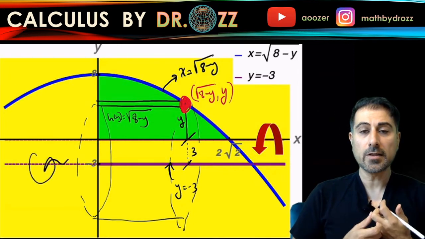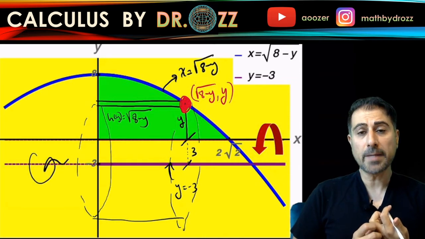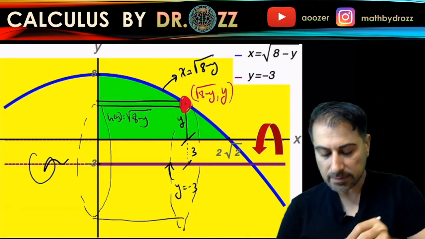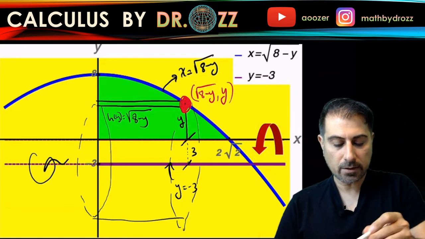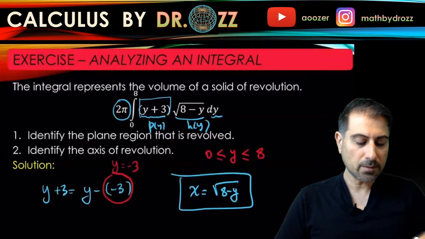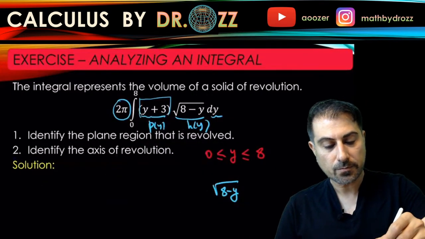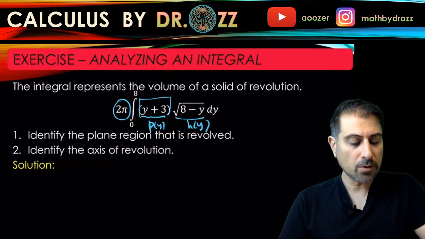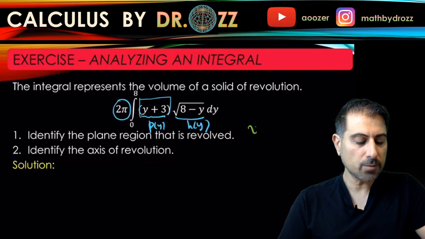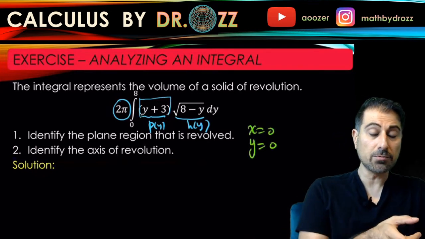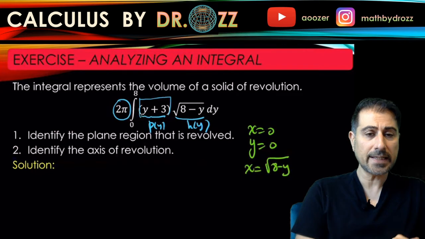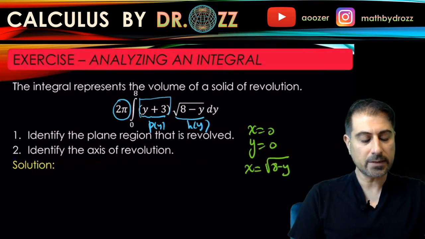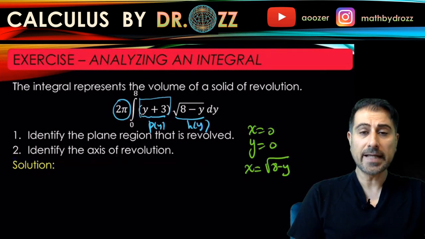So the plane region is the green region bounded by the blue curve, the x-axis and the y-axis. I can go back and clean this up and say the plane region is the region bounded by x equals 0, y equals 0, and x equals 8 minus y. X equals 0 means the y-axis, y equals 0 means the x-axis, and the blue curve in the previous slide is x equals radical 8 minus y.